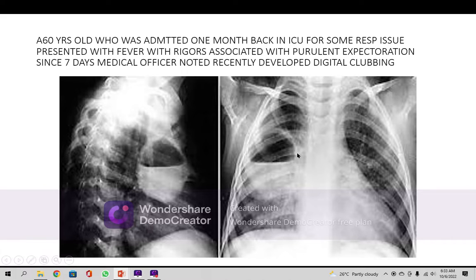But because there is no evidence of the exocyst or endocyst, and there is hardly any calcification in it, there are least chances. So the most common one is the inflammatory condition, that is the pulmonary abscess.